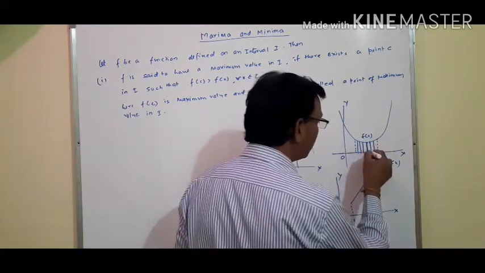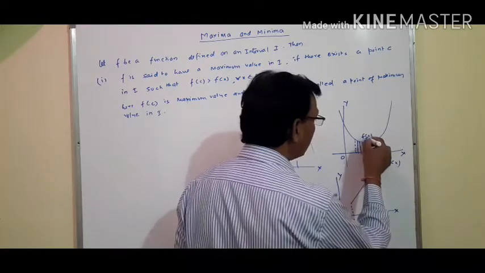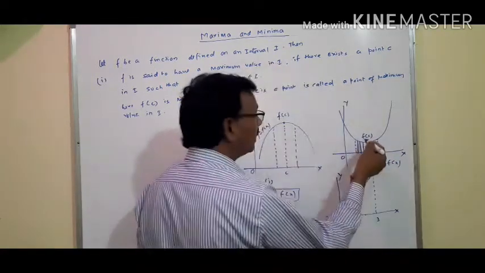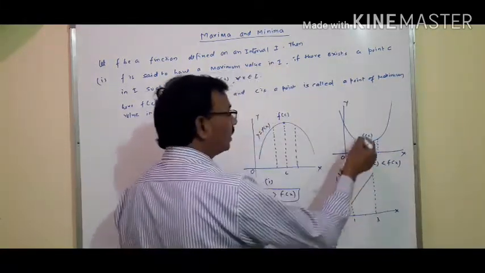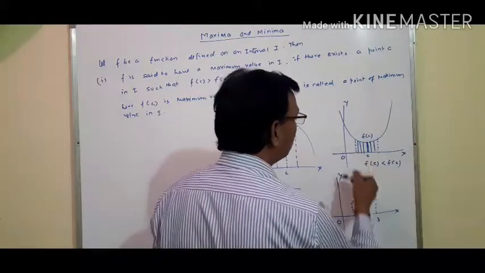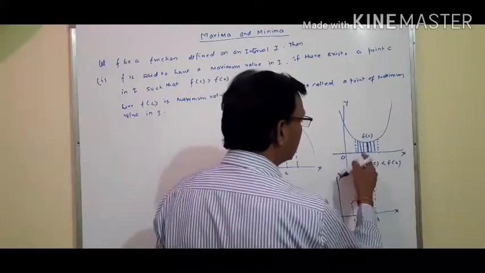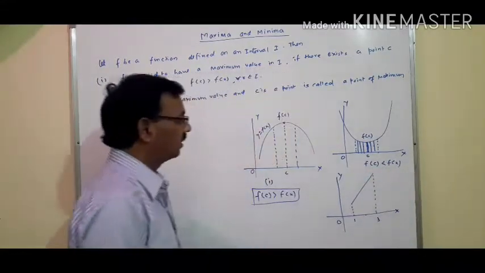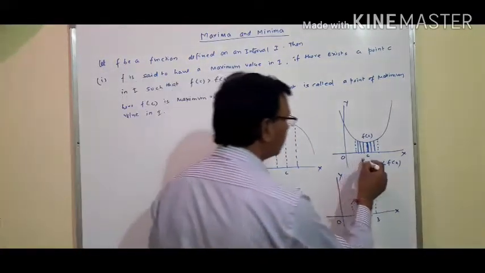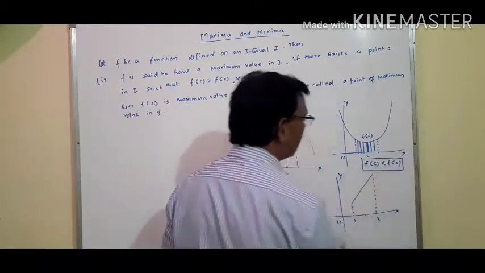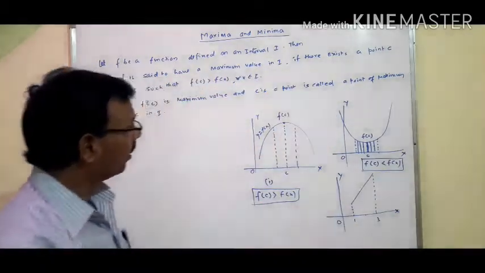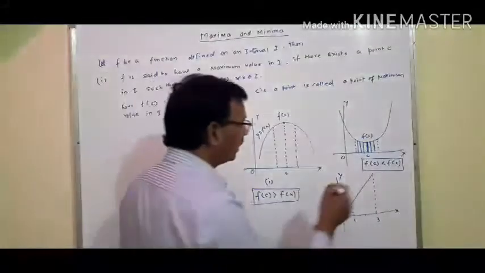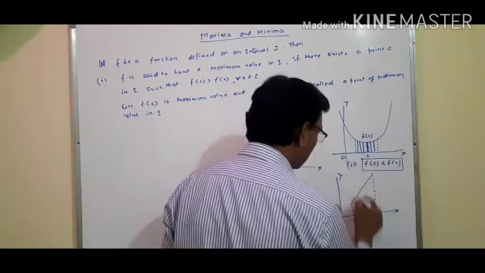That means at the point C, the value of the given function is minimum. So this function will be minimum at point C if f of C is less than f of x. This is the condition for minima or minimum value.